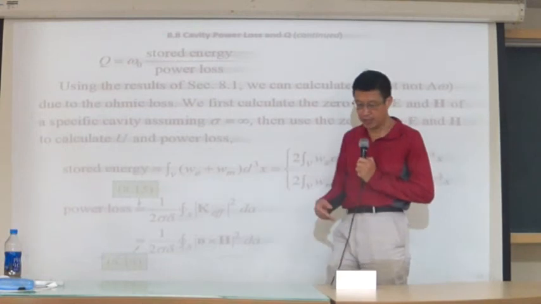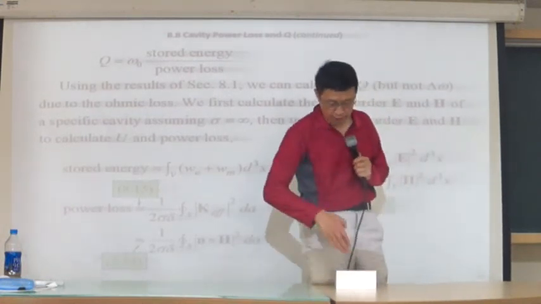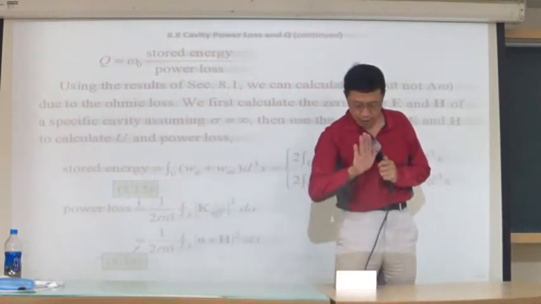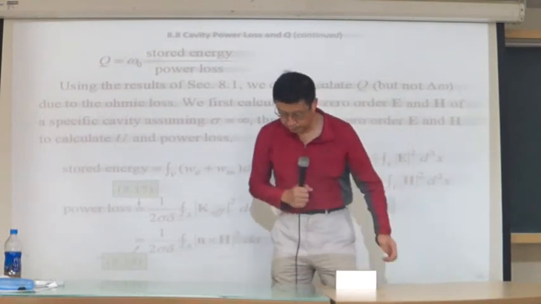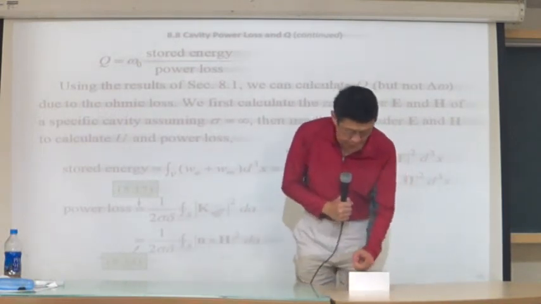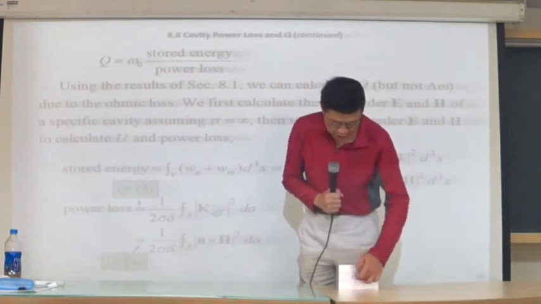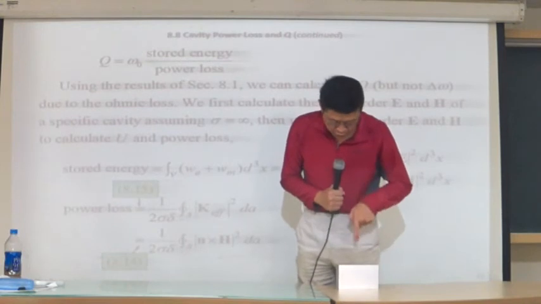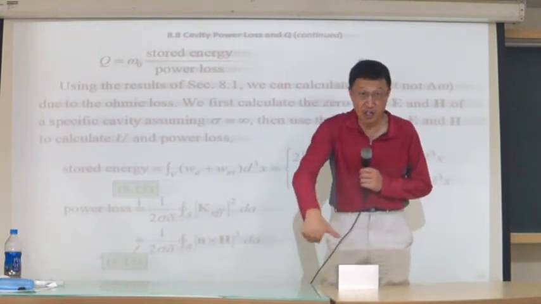Just imagine, if H is in this direction, n cross H gives us a surface current here.